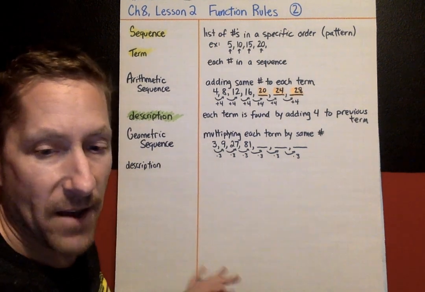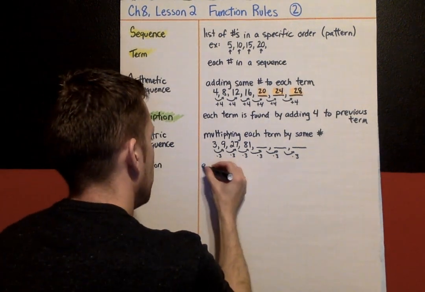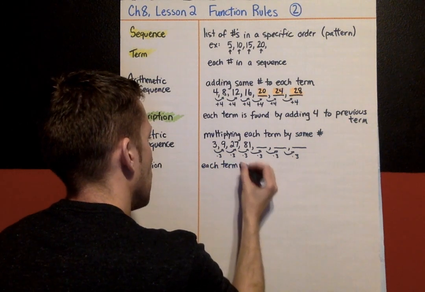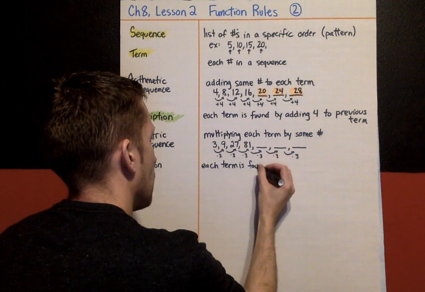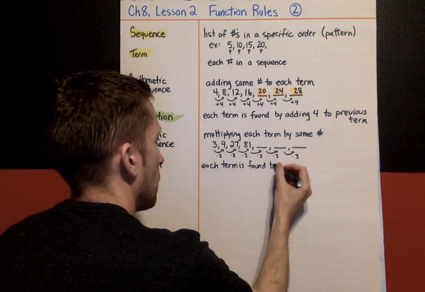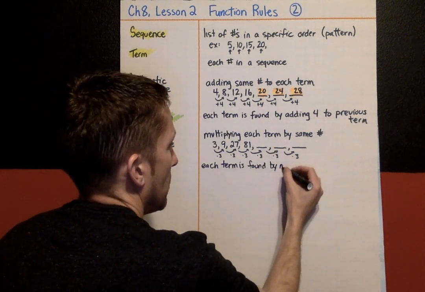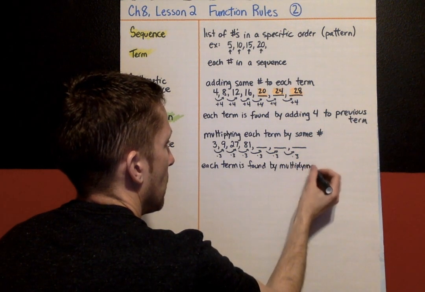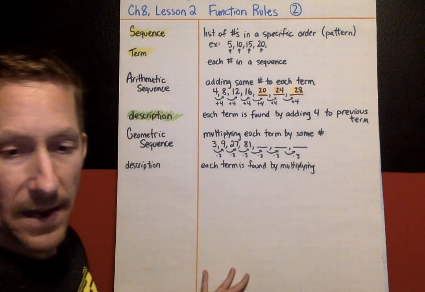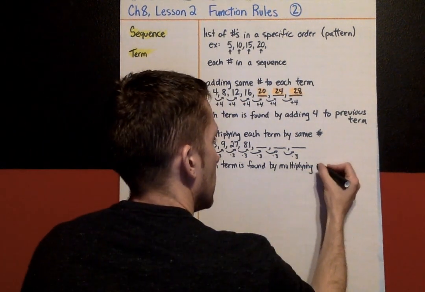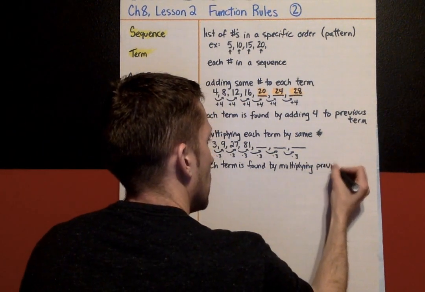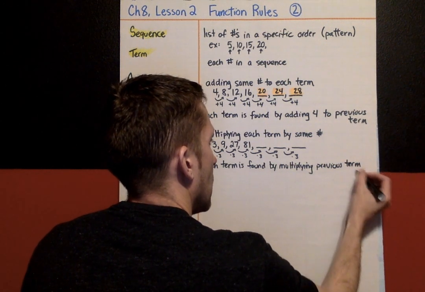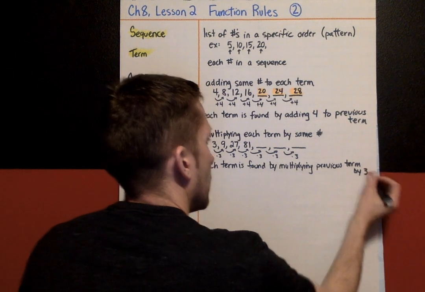Each term is found by multiplying the previous term by 3.